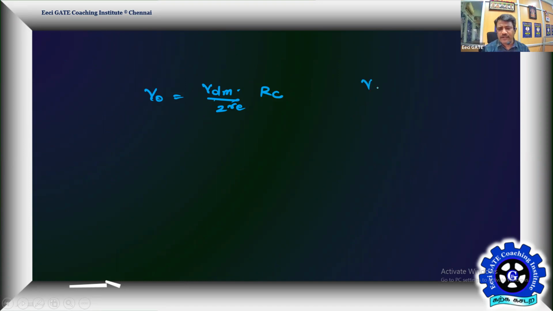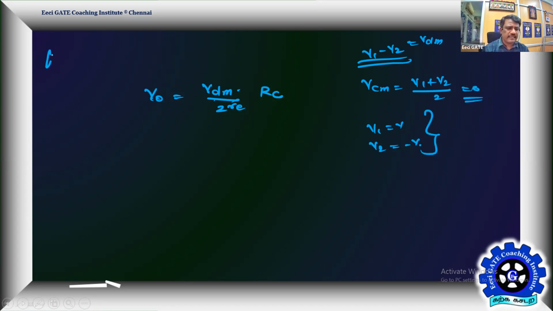When you go for VCM, which is V1 plus V2 by 2, I said we are setting only V1 minus V2, that is VDM. You can set, for example, V1 equal to V and V2 equal to minus V, then automatically VCM can be made 0. That's exactly the difference mode gain analysis arrangement.